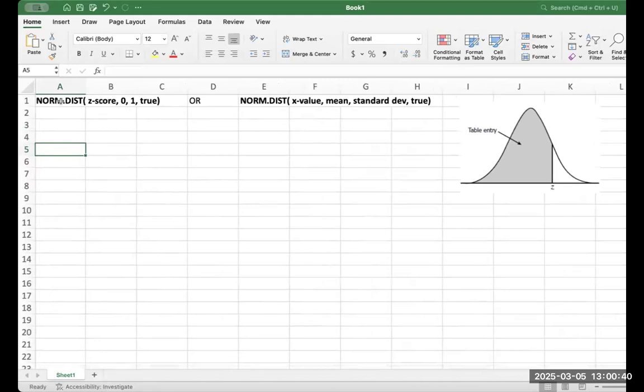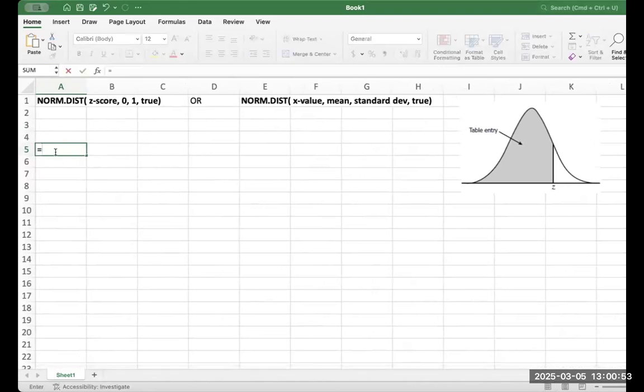Okay, so here at the top of my Excel page, I just typed the normal distribution formula that we need to put in to get our answer. So we're always going to hit equals, and then type norm.dist, parentheses. What was April's z-score? It was 0.5. Then we hit comma, the mean.